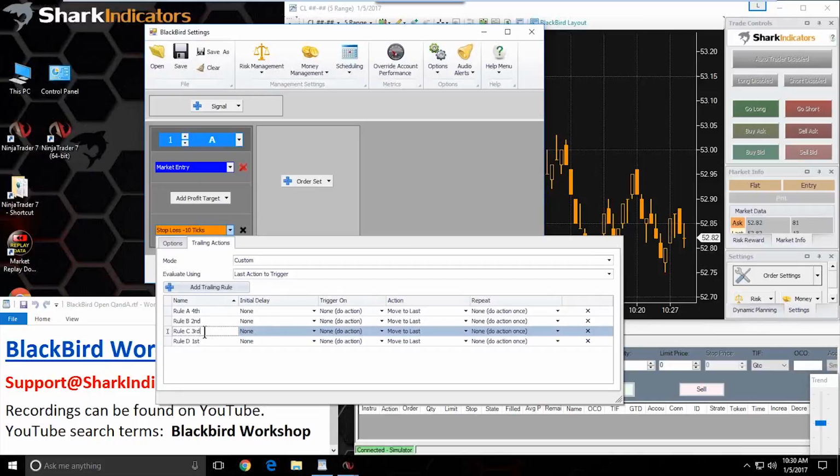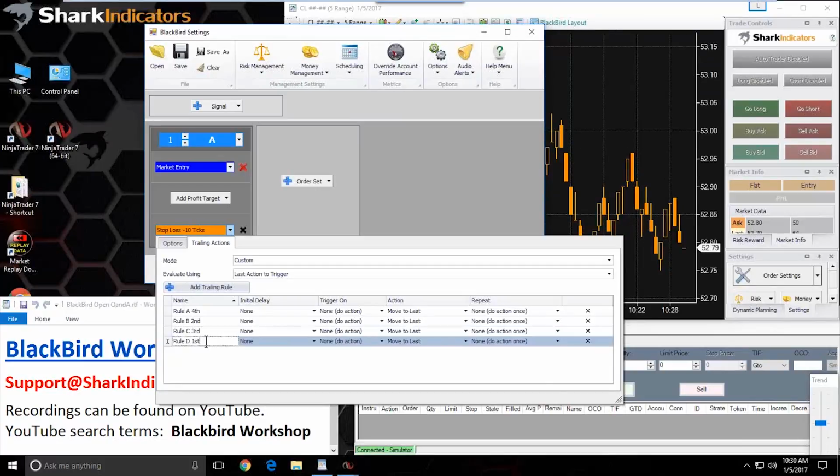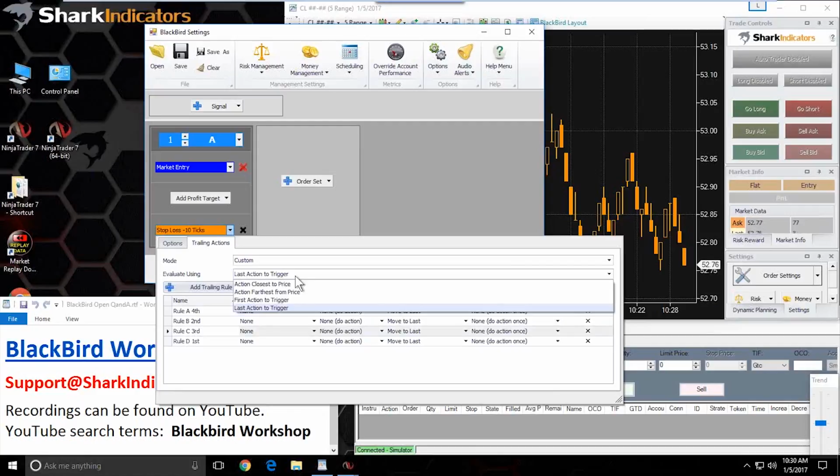So if you have two rules trying to execute at the same time, and when I say execute, that means like trying to move your stop loss, that's what they evaluate using. All the rules are always being evaluated internally, and when some of these rules are actually trying to execute, that's when the evaluate using comes into play.